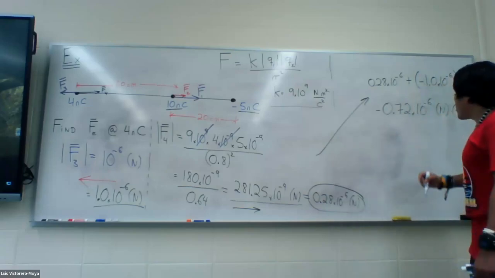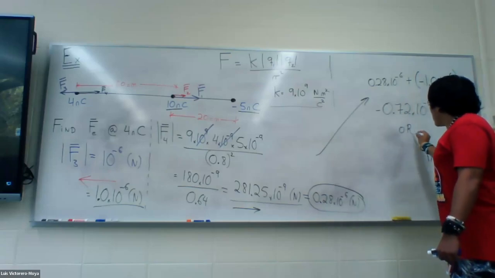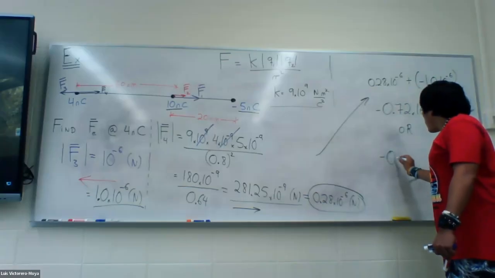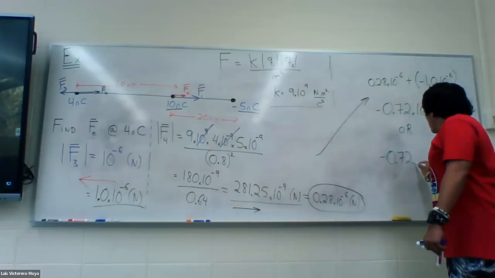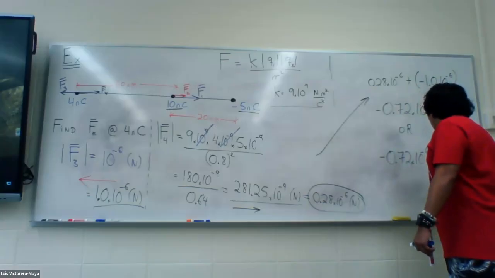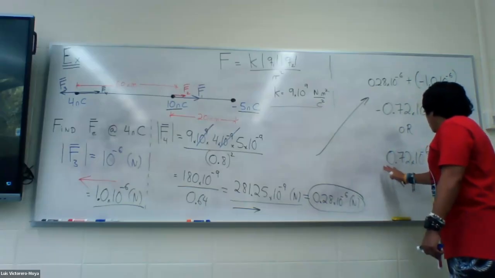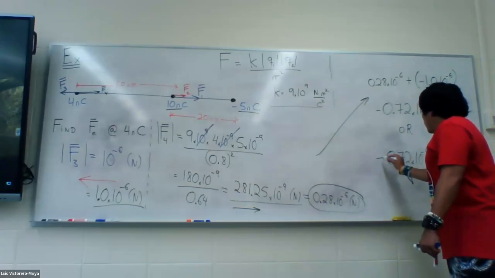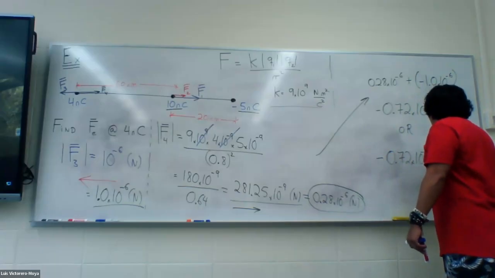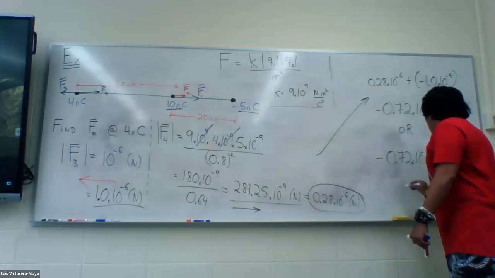You can leave it like that, or negative 0.72 times 10 to the negative 6, or negative i newtons.